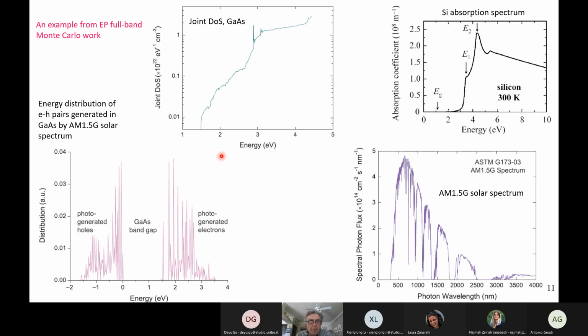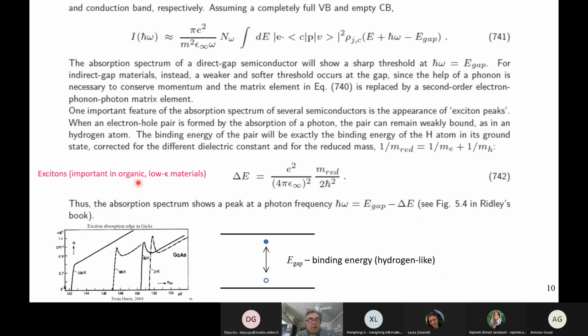Another thing that is not seen here, in many cases you have a little blip, a little peak just before the gap. And this is caused by excitons. If you generate an electron hole pair across the gap, something similar to what we saw dealing with band gap narrowing, you have a Coulomb interaction between the electron and the hole which has been left in the valence band by this process.